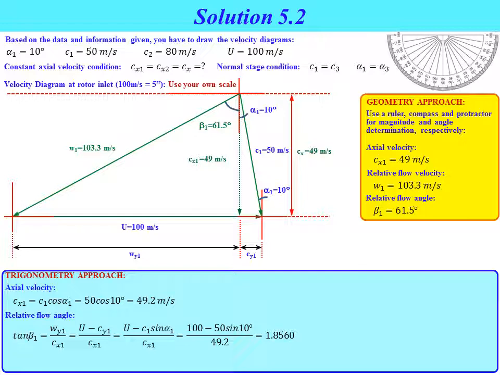Rearranging the equation, tangent beta 1 also equals u minus c1 sine alpha 1 divided by cx1. We get the value of tangent beta 1 equal to 1.8560, so beta 1 is equal to 61.7 degrees. This is similar to the beta 1 we obtained using the geometry approach.